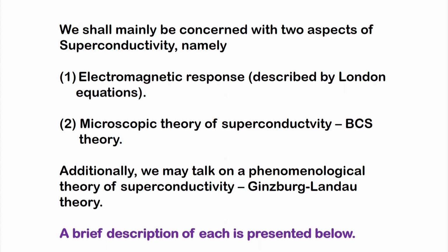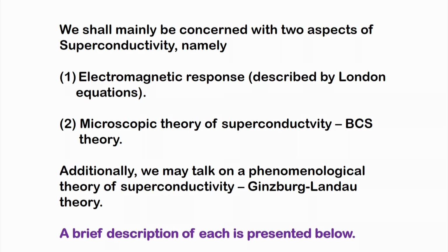We may also talk about the phenomenological theory of superconductivity, known as Ginsburg Landau theory. These phenomenological theories in general are very good starting points when microscopic theories are unavailable, provided you take into account the correct symmetries of the problem, and you know how a system loses superconductivity.